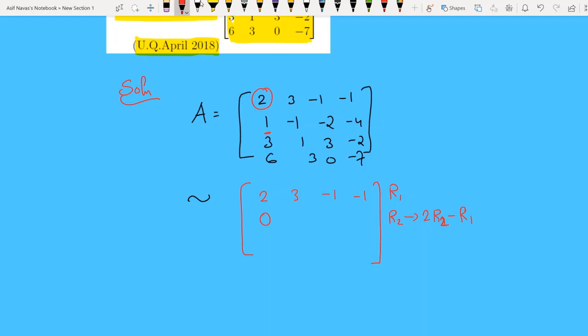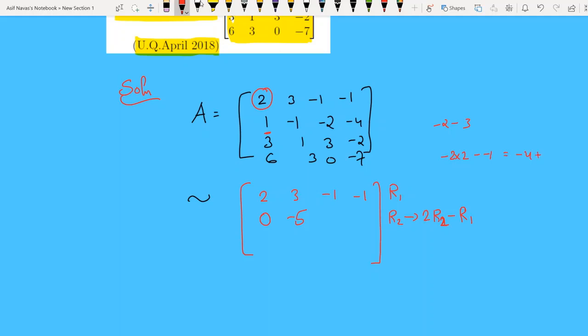Here minus 2 minus 3. What is the answer here? Minus 5. Minus 2 minus 3 is minus 5, right? And here minus 2 into 2 minus 1. So what is here?